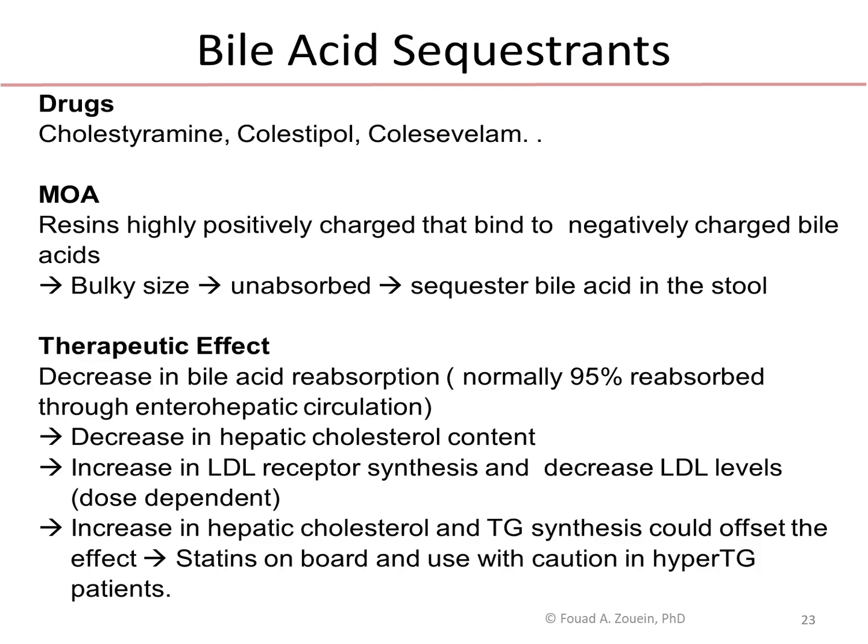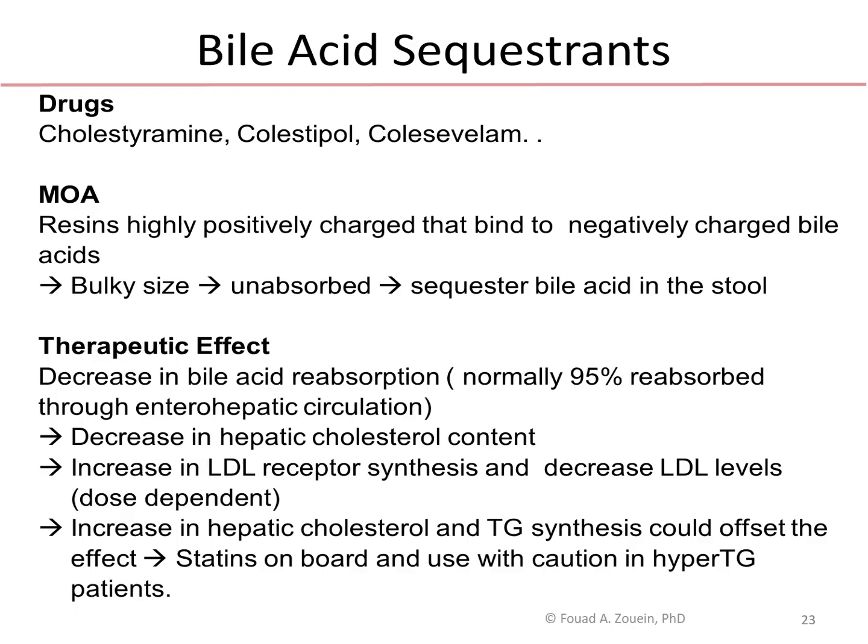So what they do is bind to anything that's negative. And we know very well that the bile acids or bile salts are anions. They're negatively charged, and once they bind to these resin molecules, they basically go down in the stool. What happens at this point? What's the therapeutic effect? We're going to observe a decrease in bile acid reabsorption.